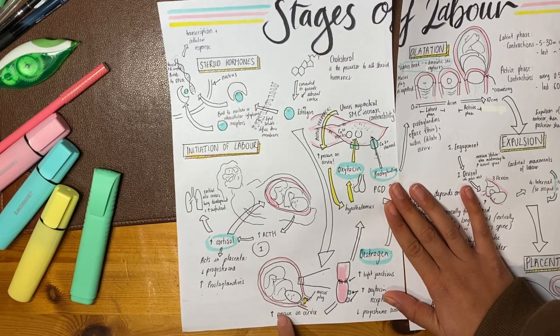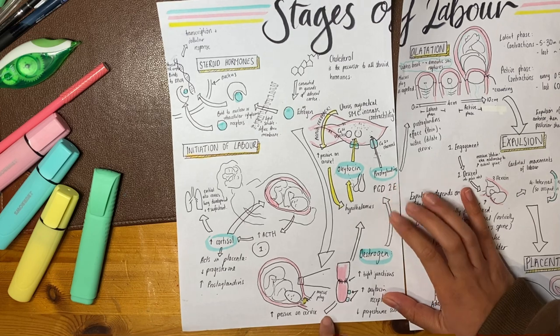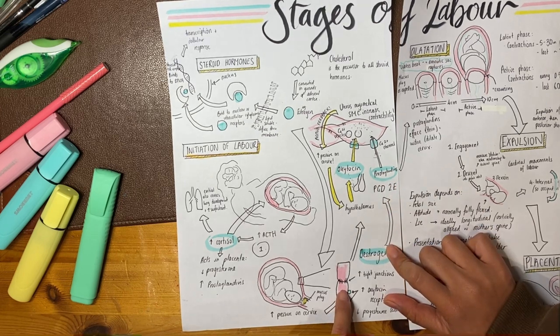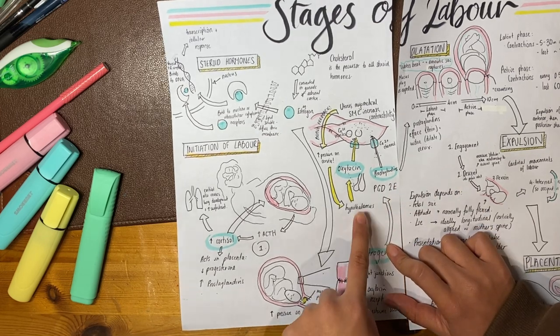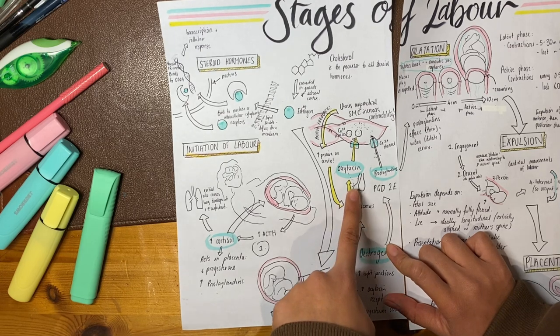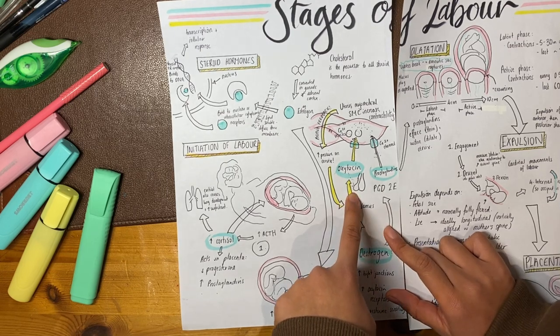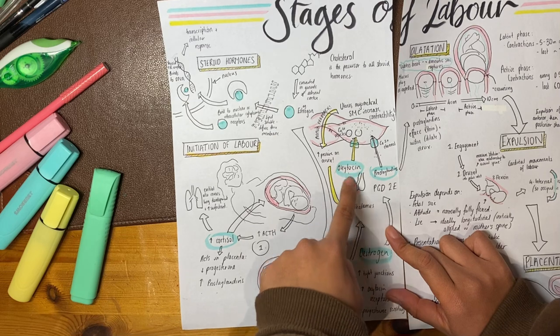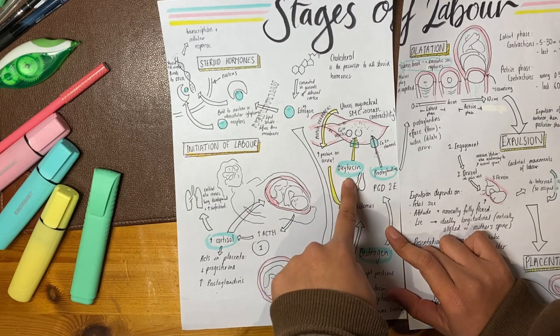And so what happens when there's an increase in pressure on the cervix is that this is going to send signals to the hypothalamus in the brain, which signals to the pituitary gland to release a hormone called oxytocin.